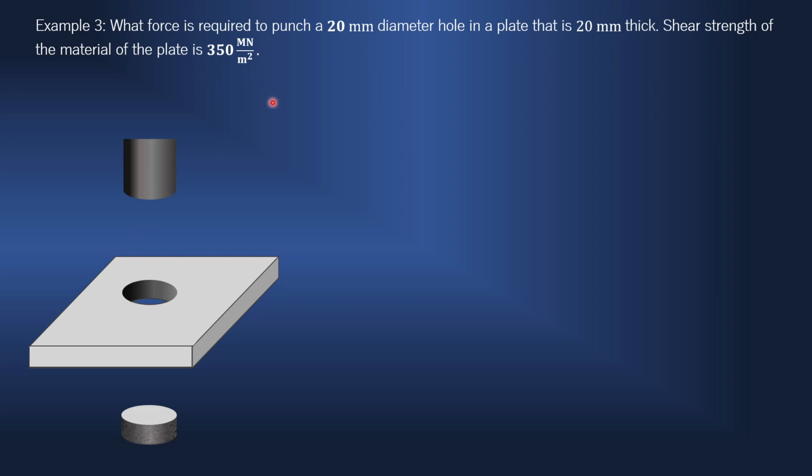So what force is required? That is the question. Shear force is stress into area. What is that area where you should create shear stress 350 meganewton per meter squared so that at that area material breaks? Think in this manner.